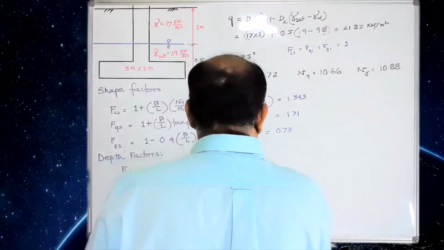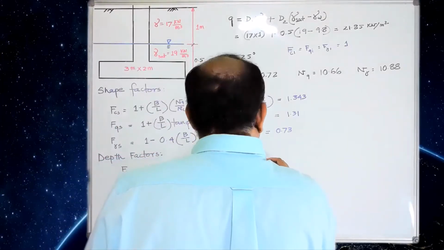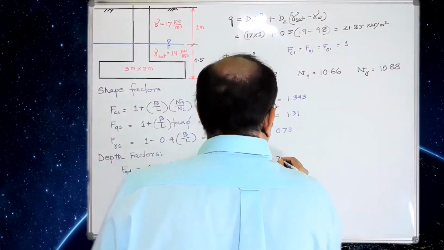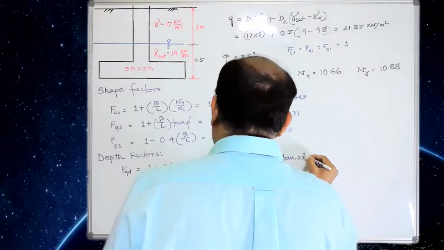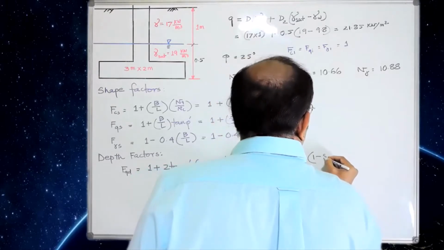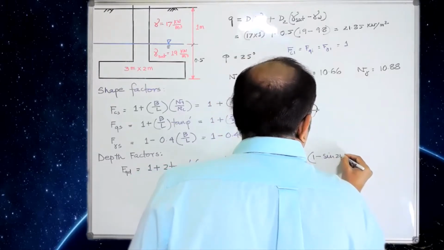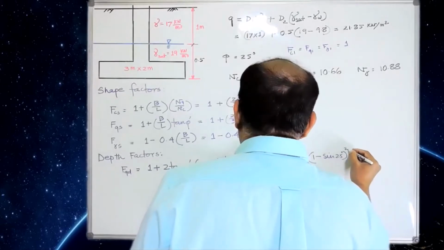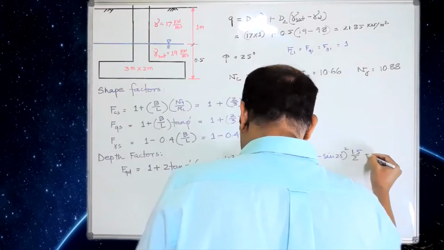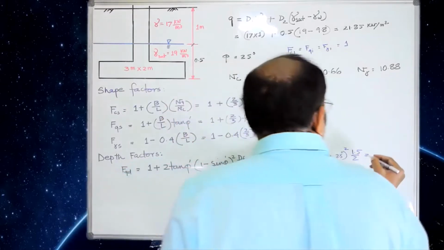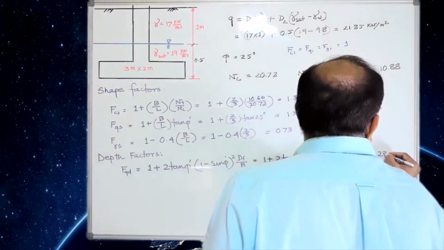So this one is basically 1 plus 2 tan 25 into (1 minus sine 25) squared into 1.5 divided by 2. That's basically 1.233.